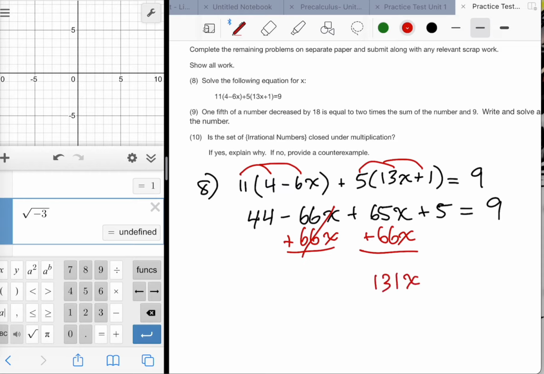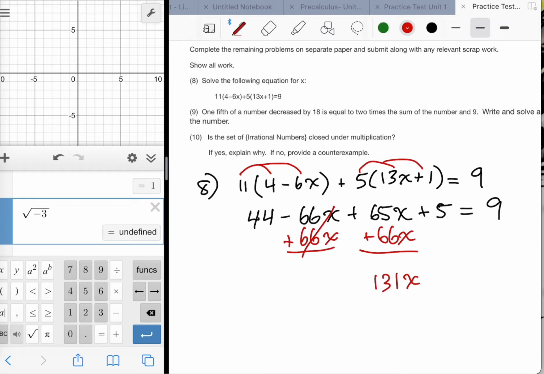That is not correct, and the reason why is that adding is a property of equality. Properties of equality are operations that happen to both sides of an equation. The purpose of a property of equality is to balance an equation. If I add something to one side of an equation, I have to add it to the other in order to keep it balanced. It's like a scale. I'm adding 66x to one side.